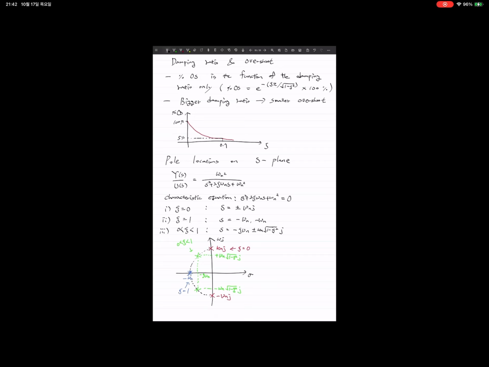We can easily see that this length is omega n, and we denote this angle as phi, and this angle has some relationship with the damping ratio, which is sine phi is the damping ratio zeta.